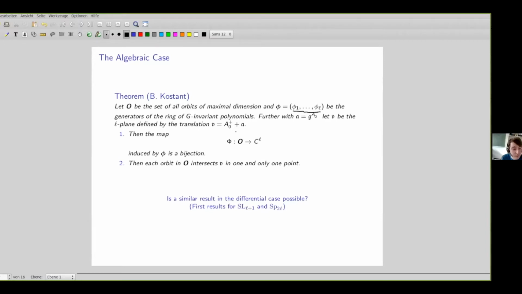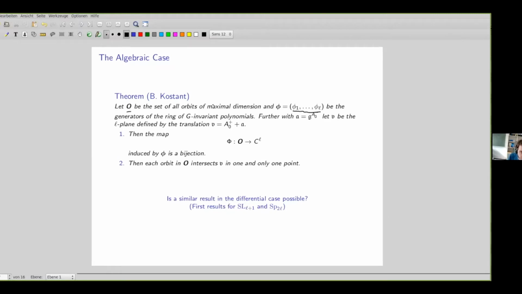And then Kostant proves, when he looks at the set of all maximal orbits, or orbits of maximal dimension, in the Lie algebra, so the maximal dimension of the centralizer is the Lie rank. So these orbits have dimension the dimension of the Lie algebra minus the Lie rank.